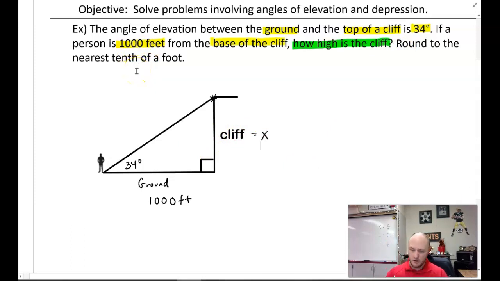All right, so what did they give us? Well, they gave us an angle, which is here. We need to find the opposite side, and we're given the adjacent side.